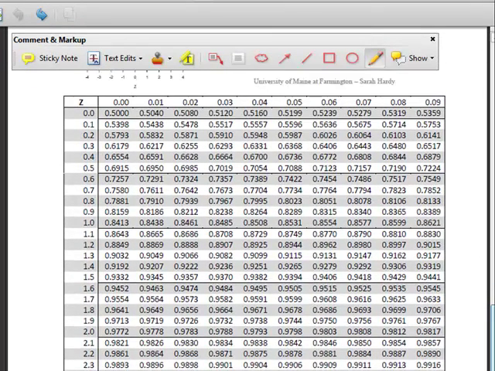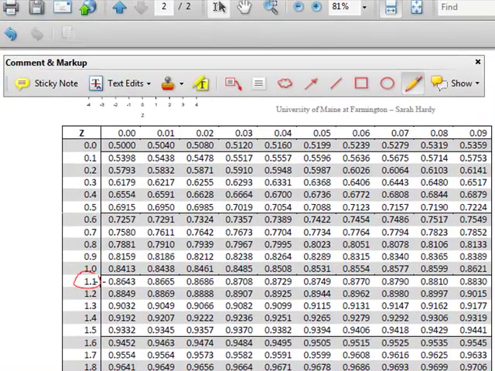So if we want 1.18, we're going to go to 1.1, and across to 0.08 along the top, so that's the second decimal place.